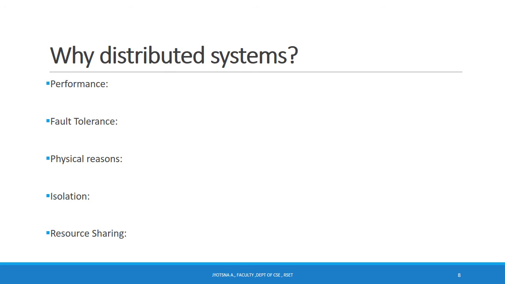Computers in distributed system can share both hardware and software resources and data. Hardware resources are shared for reductions in cost and convenience. Data is shared to achieve consistency and to exchange information.